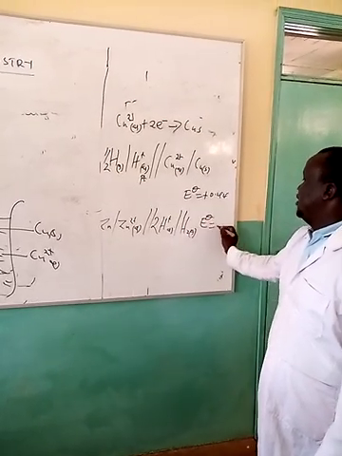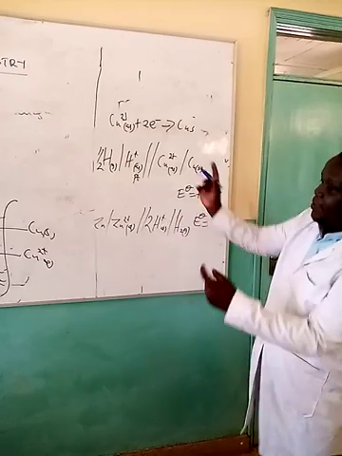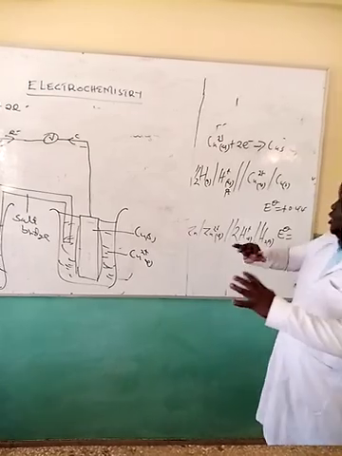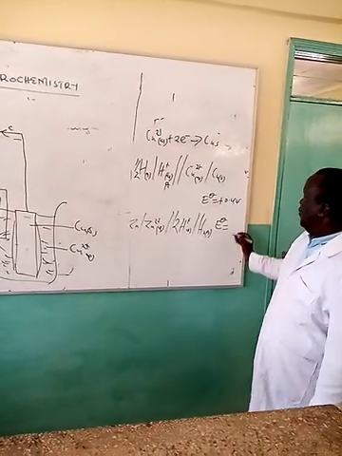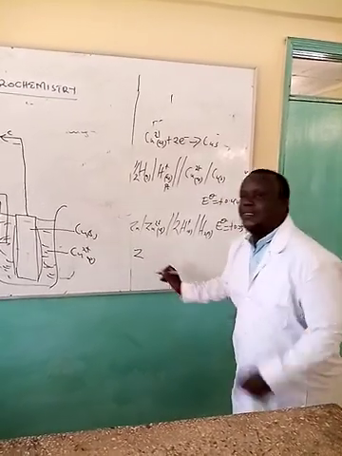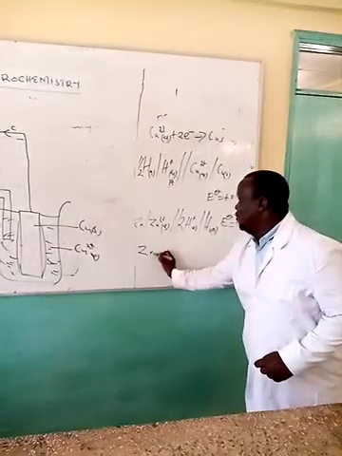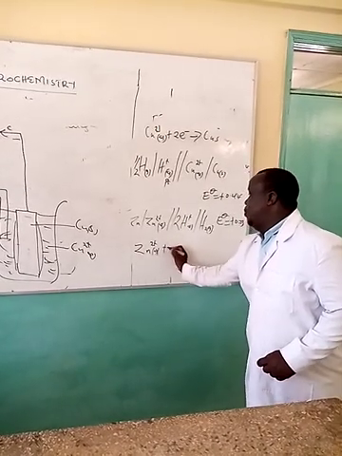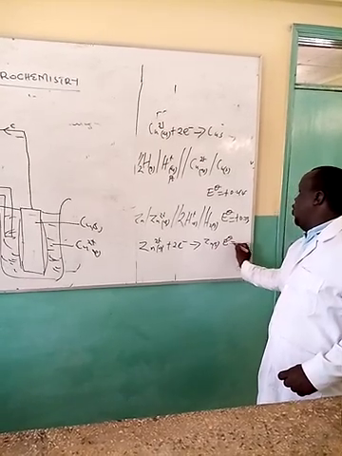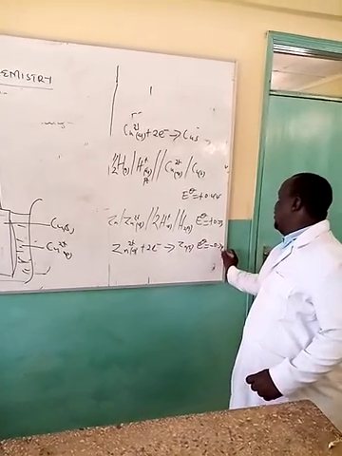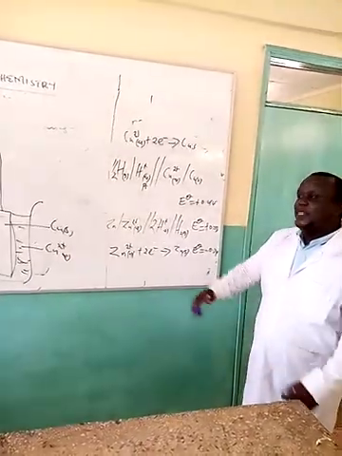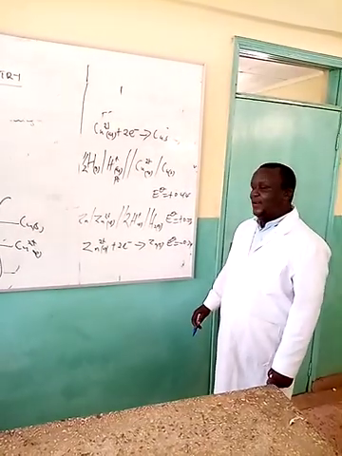Because we know that the zinc half cell is more negative with respect to hydrogen, when we come up with the reduction potential of zinc ions plus 2 electrons, we write it as zinc solid, but with the value of negative 0.76. This negative shows that the zinc half cell is more negative with respect to hydrogen. Thank you. Let us continue in our next lesson.